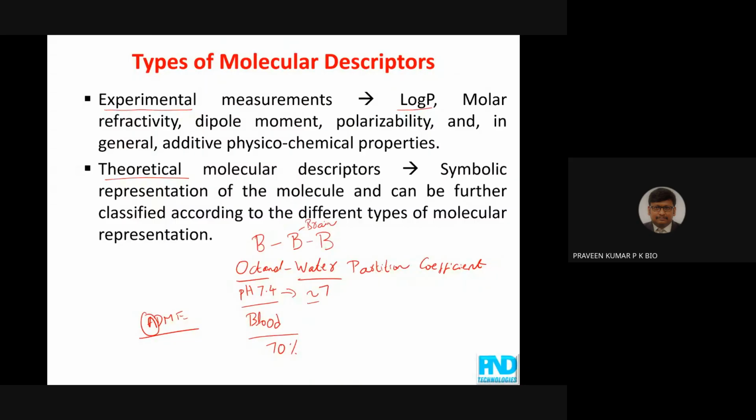So most drugs are designed to target only the other parts, other than the brain, isn't it? Like the kidney, lung, liver. All these follow the blood. That is, we have to target through only the hydrophilic drugs, but only for the nervous system disorders, we have to target the brain.